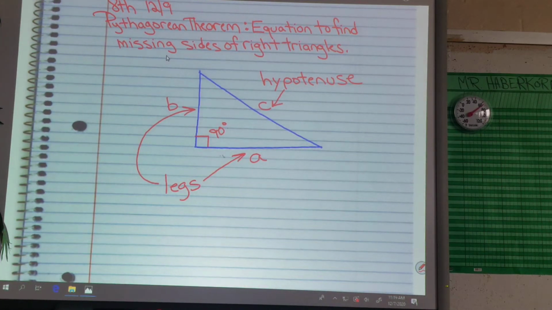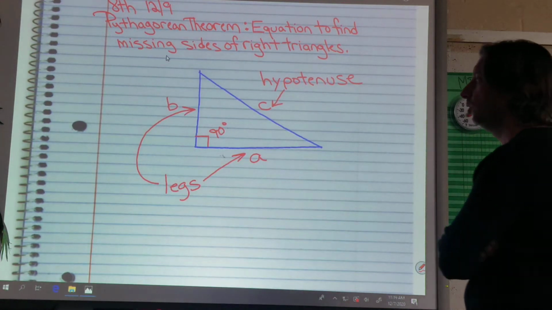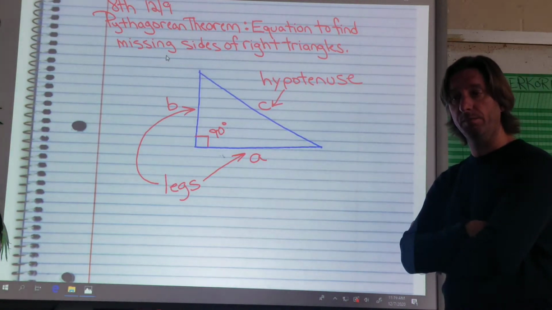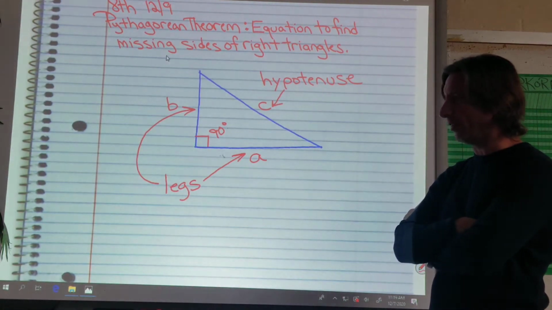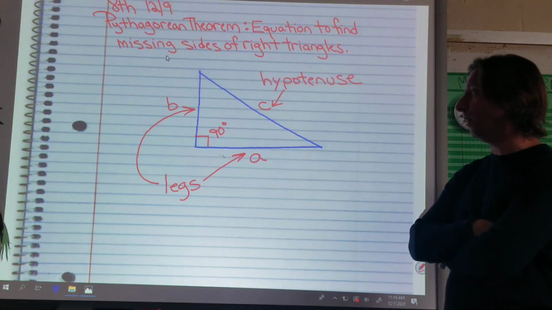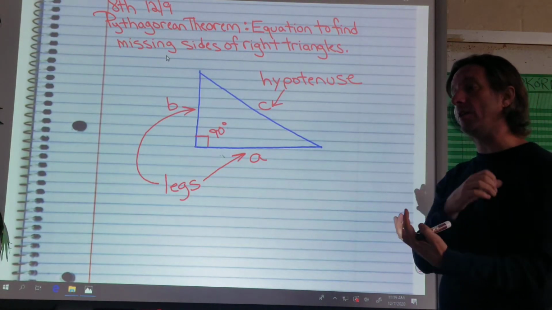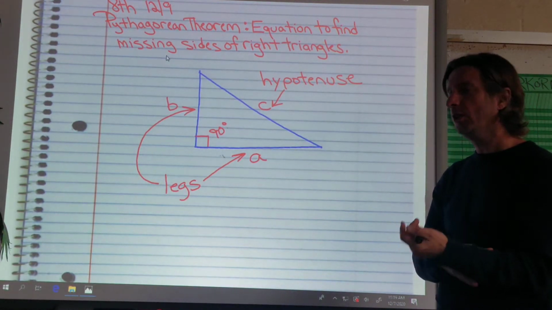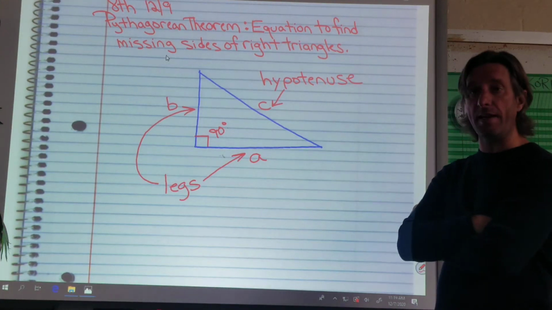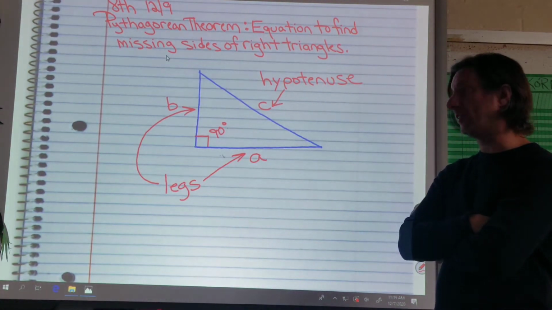So, if we know two of the sides, we can find the third. We can find the exact measurement of the third. And we do that with an equation. The good thing is you basically know how to do these equations already. It's all stuff you already know.